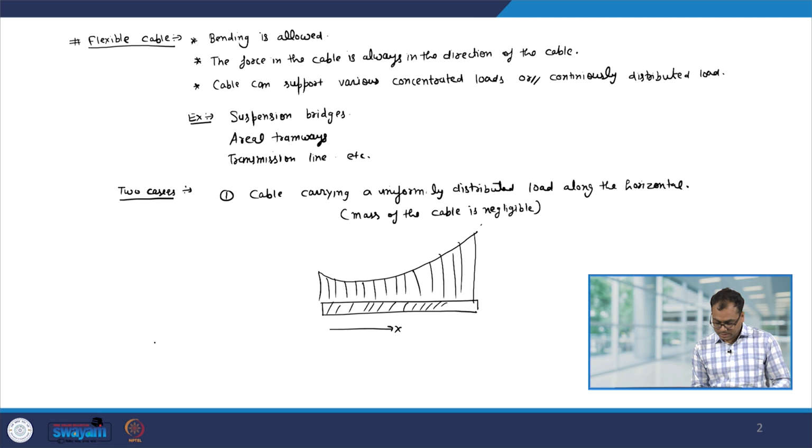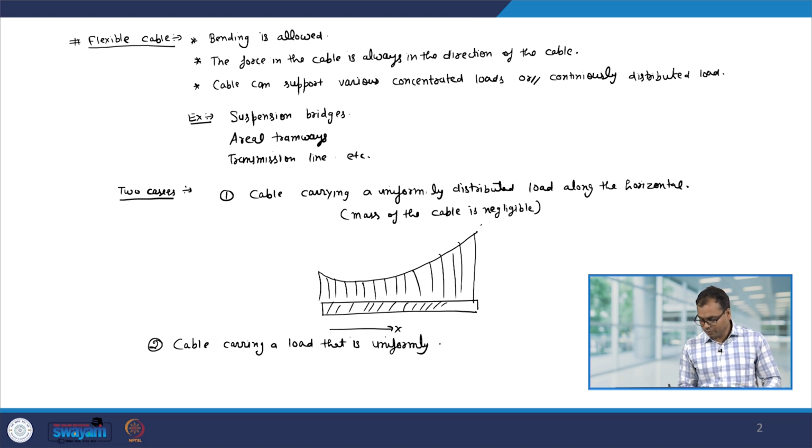Now, the second case will be the cable carrying a load that is uniformly distributed along the cable itself.